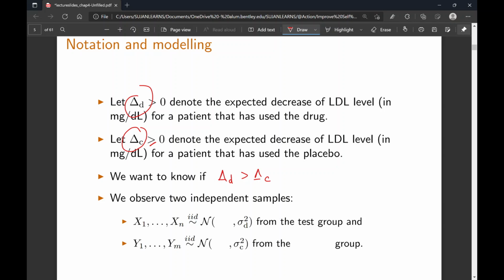Those people who we give drugs are called the test group, and they are identified by X1 through Xn, while people who are given placebo are marked as Y1 through Ym.